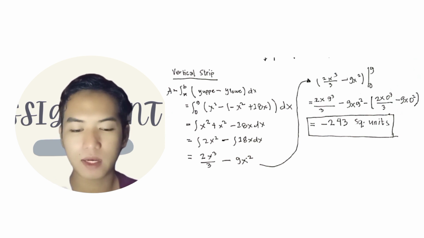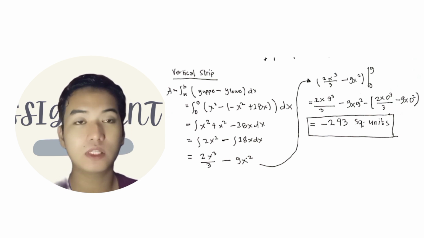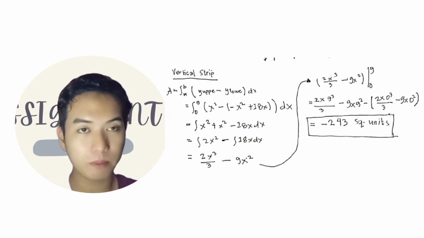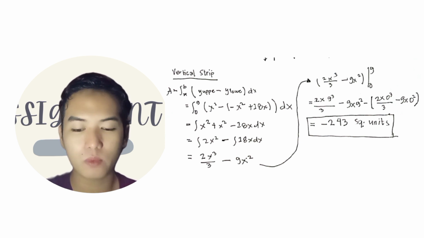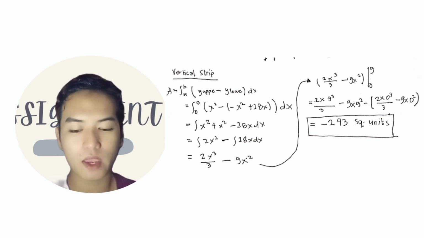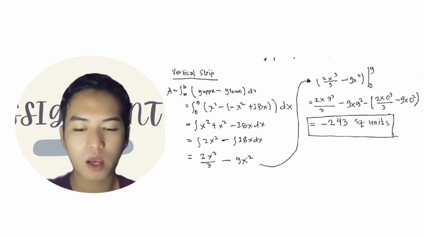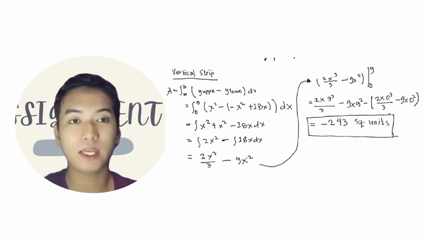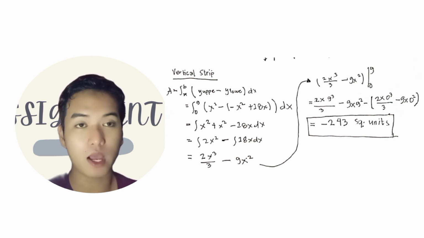Further, we will use the vertical strip to find our area, where the formula is A equals the integral from lower limit a to upper limit b of y upper minus y lower dx. We plug in our values in our formula.